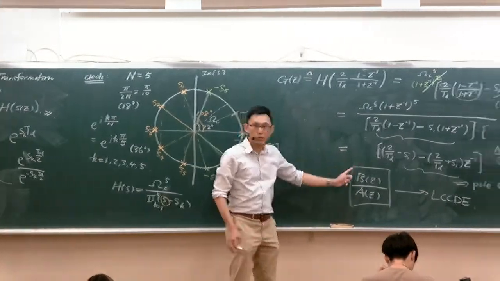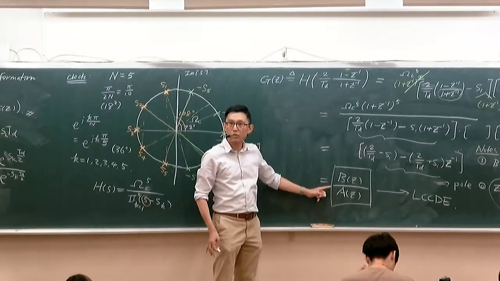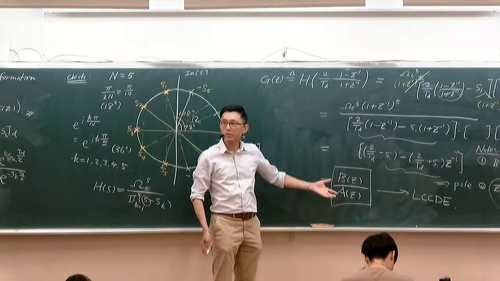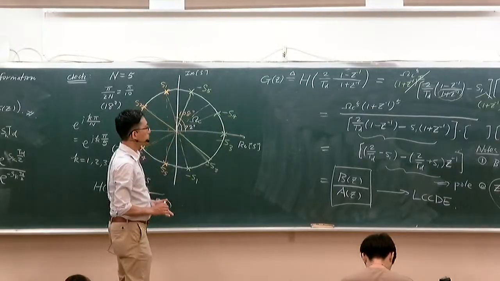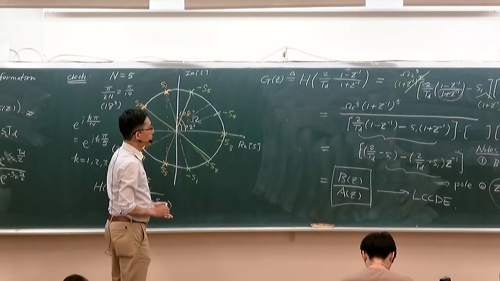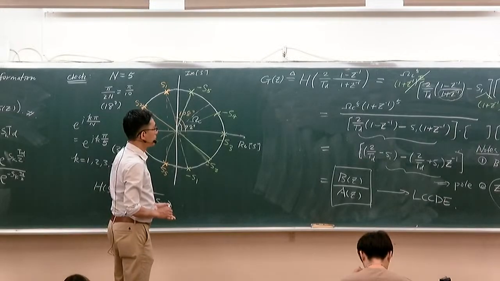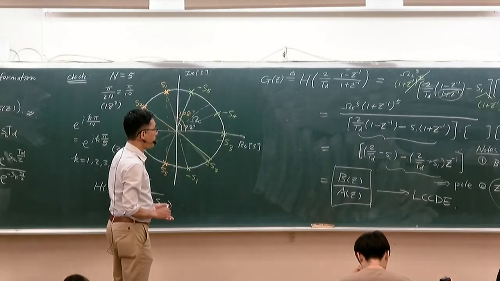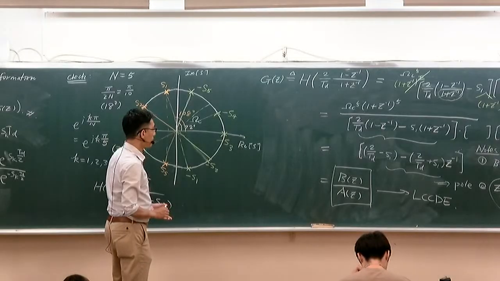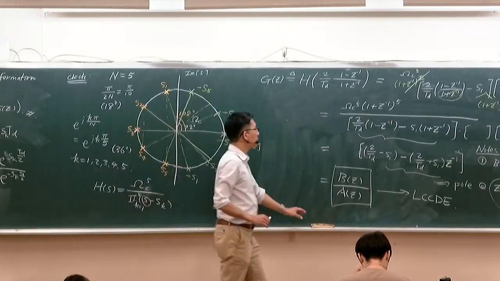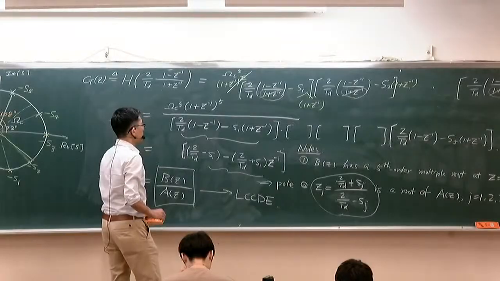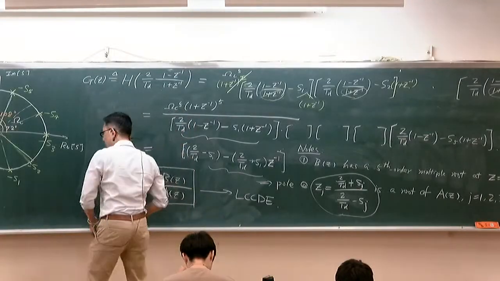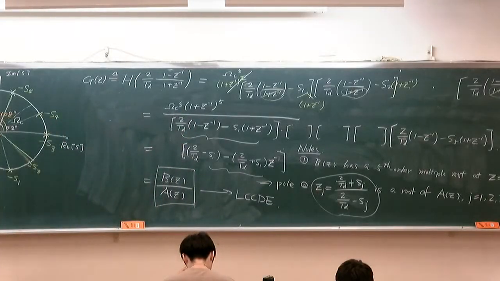This G of z can be expressed as a ratio of two polynomials. So before we enter the next topic, let me elaborate this further.